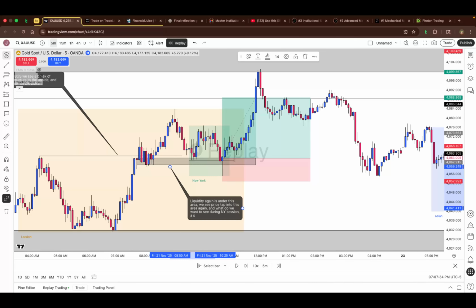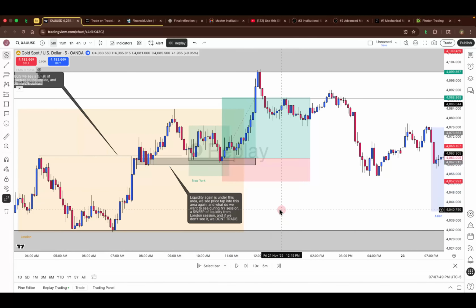A sweep of liquidity from London session, and if we don't see it, we don't trade. Simple. We don't see it, we don't trade.